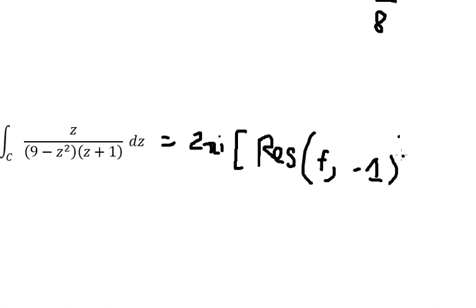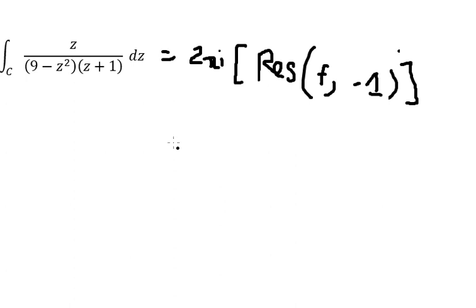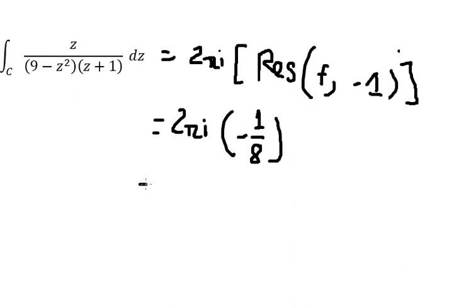And the value we just calculated is negative 1 over 8. And we have negative 1 over 4 pi i. This is the end.